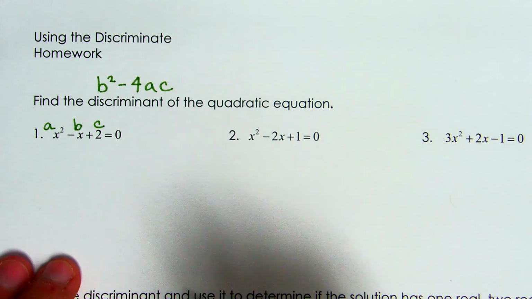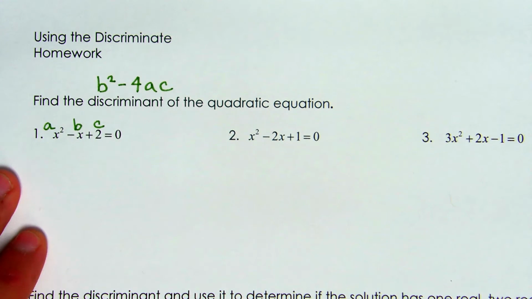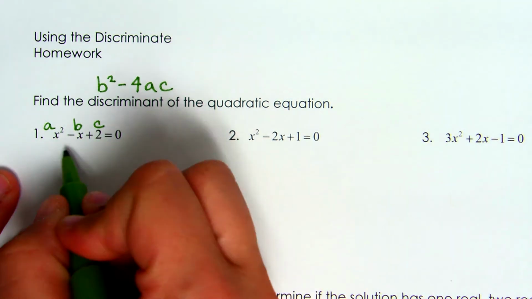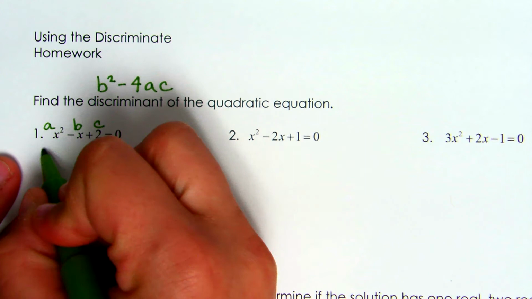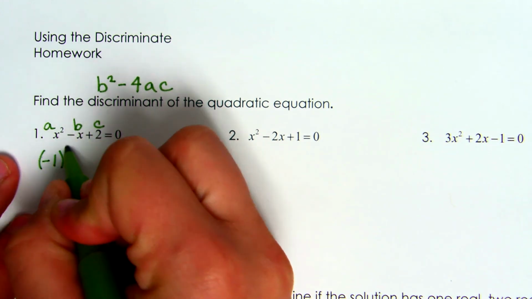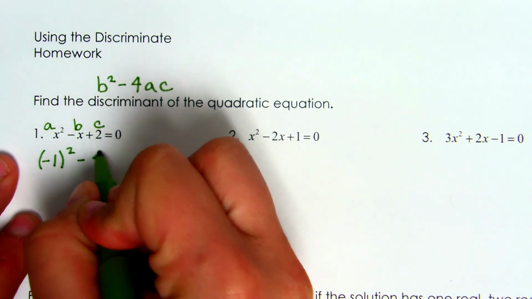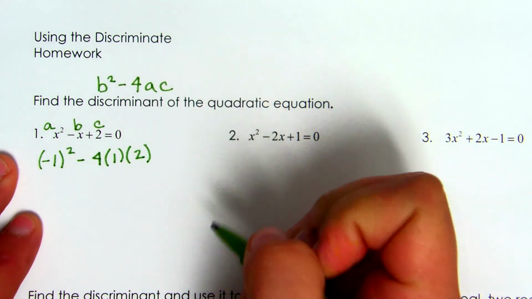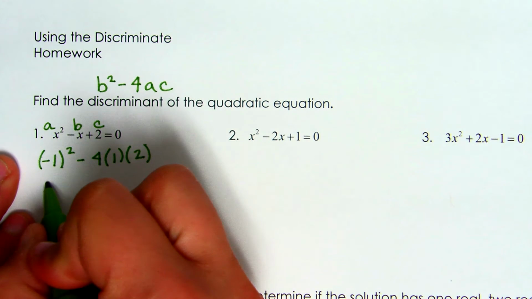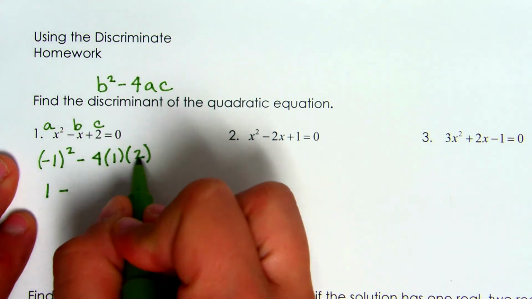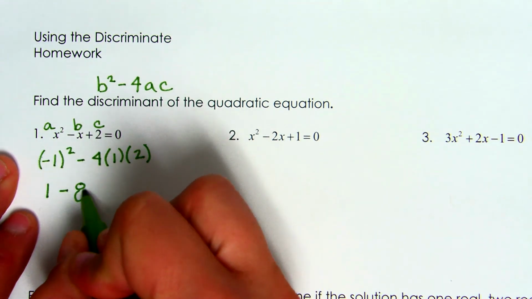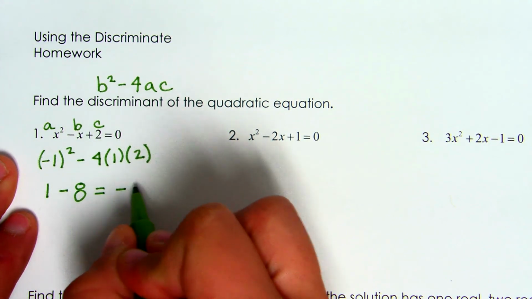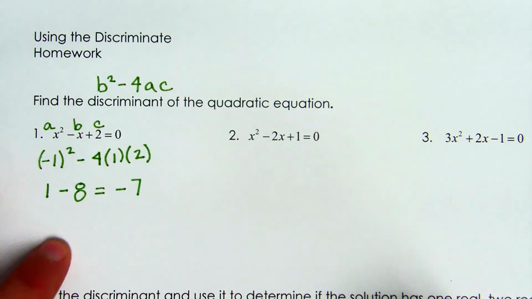So I'm going to plug my numbers into my discriminant formula. So -1 is b squared minus 4 times 1 times 2. -1 squared is 1, minus 4 times 1 is 4, times 2 is 8, means my discriminant is -7.